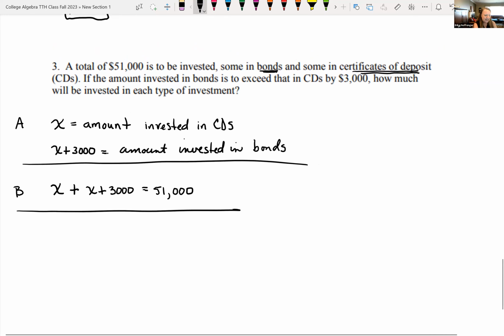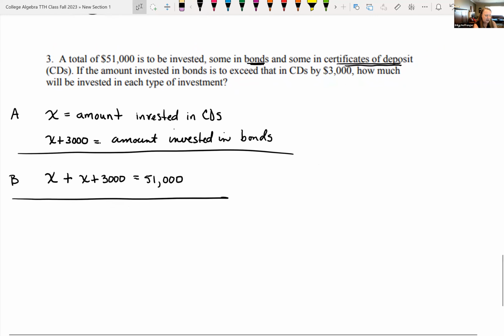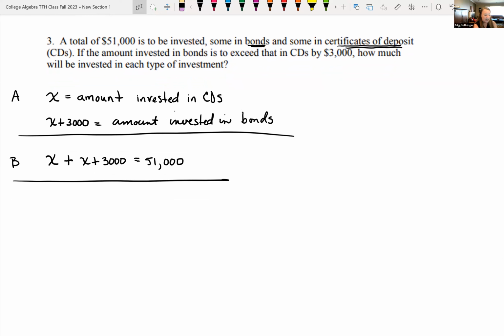So I noticed that X plus X plus 3,000 equals 51,000. On the left-hand side of this equation, I have like terms, X plus X. So I can rewrite that by summing it. X plus X is 2X, and then plus the 3,000. This has to equal 51,000.